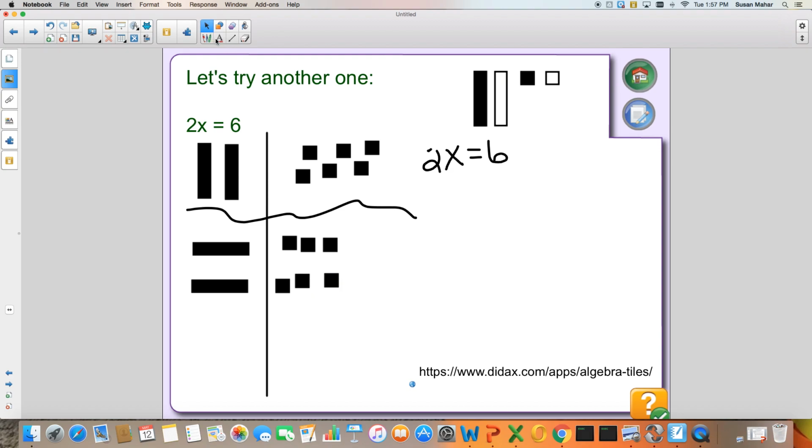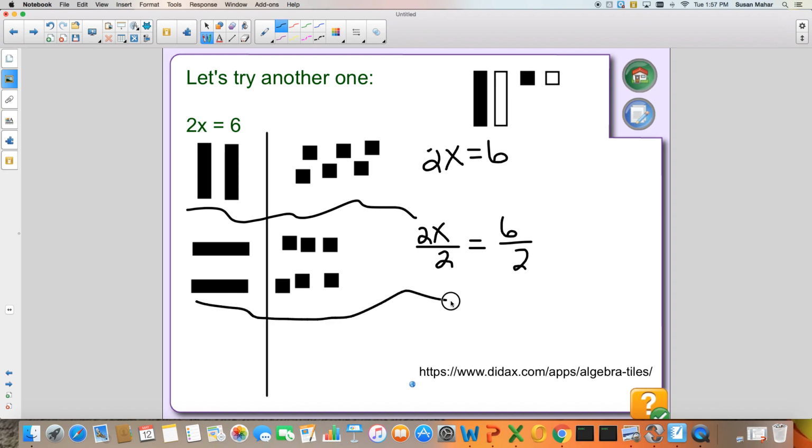I'm going to write my equation, and what it's going to look like is 2x divided by 2 equals 6 divided by 2. And then my last step will be to say that x is equal to 3. So each x is equal to 3. And I would write x is equal to 3.